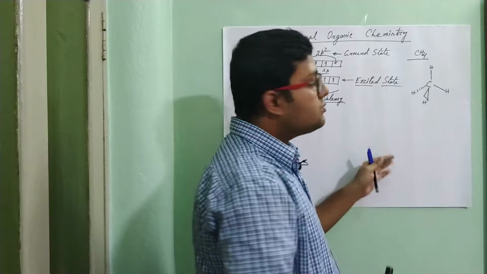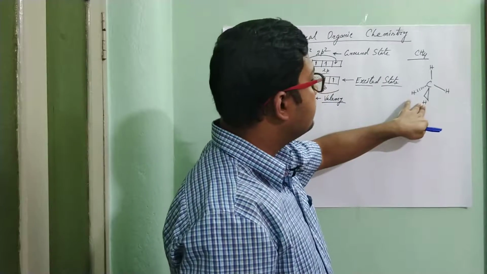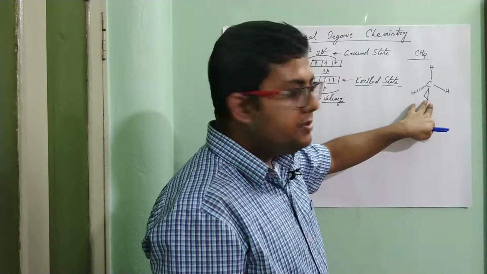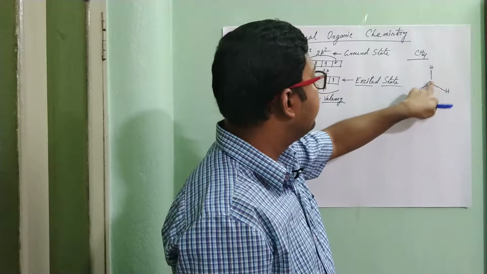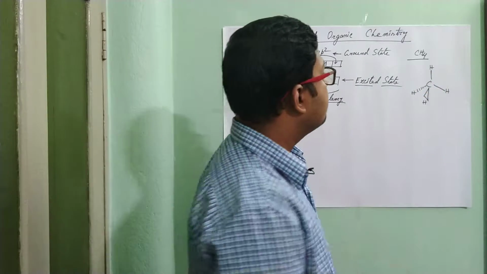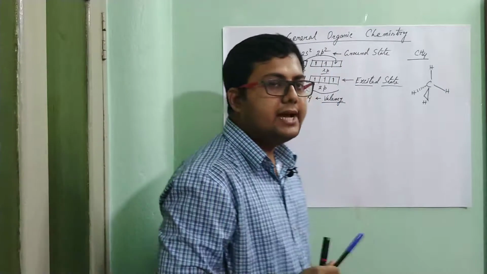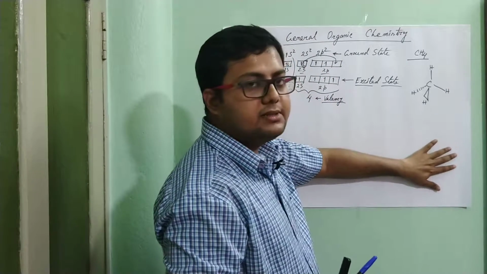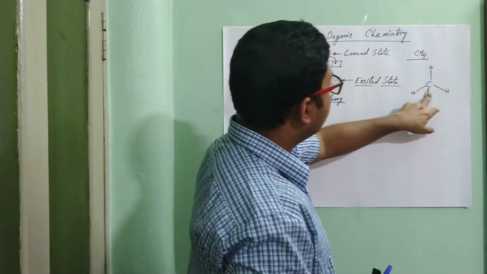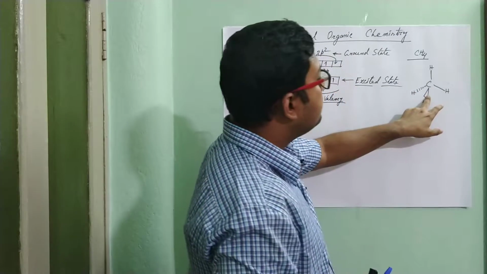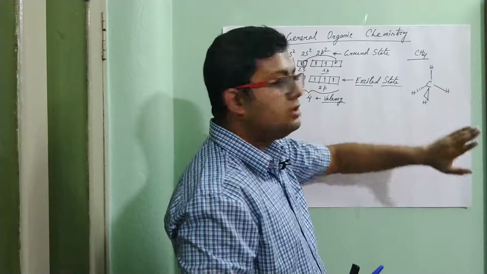As we are drawing this structure on a two-dimensional page or board, these two bonds over here, this one and this one, are actually on the surface of the paper or the board. And this particular bond is out of the paper.